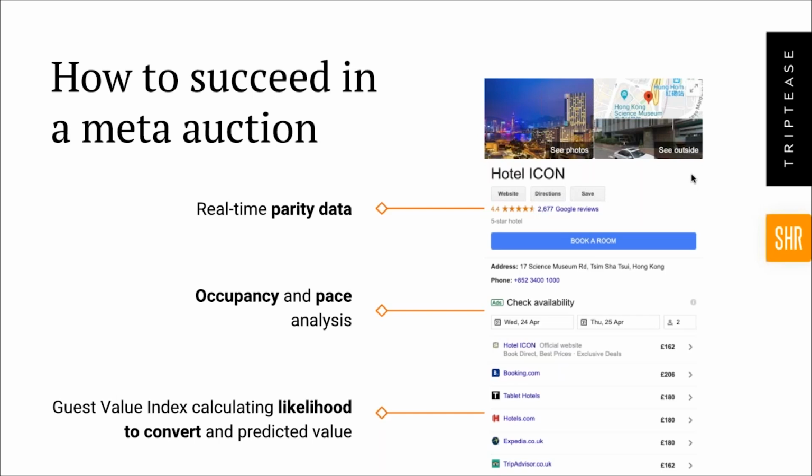So in order to really drive ROI, you want to make sure you're only showing to those high value guests who are most likely to convert, and not to those people who are early on in their purchasing journey or from markets that are really unlikely to ever stay at your hotel.